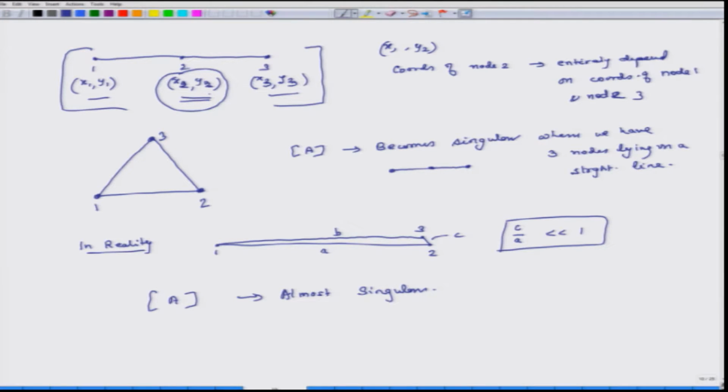Okay. The same thing holds true for rectangular elements and so on and so forth.